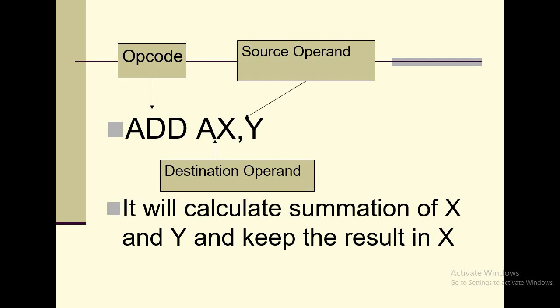The values of AX register and Y will be added and kept in AX. That's why AX is called the destination, Y is the source operand, and ADD is the opcode, the name of the operation, that is addition.